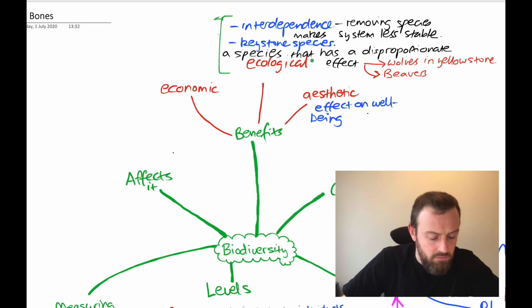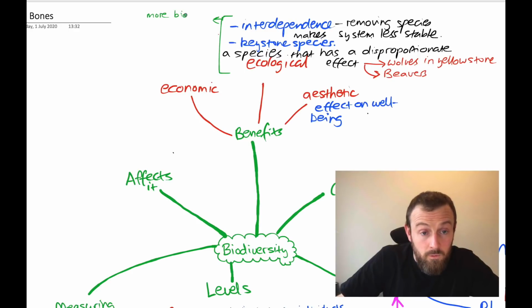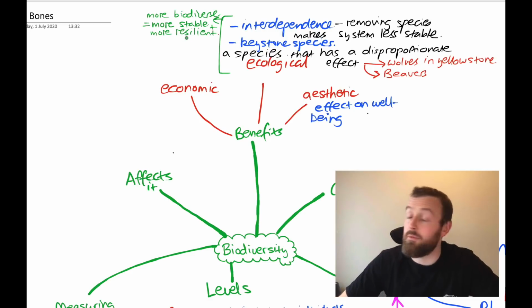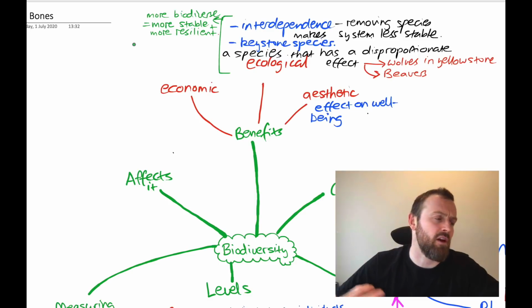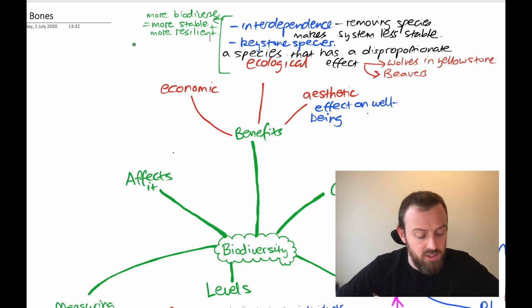I'll write it again: more biodiverse equals more stable, plus more resilient. So more resilient to things like climate change, for example. So climate change and biodiversity are very linked. We'll look at that later. But if an ecosystem is under threat from climate change, better that it's biodiverse, more stable.